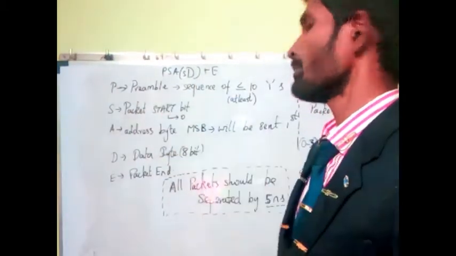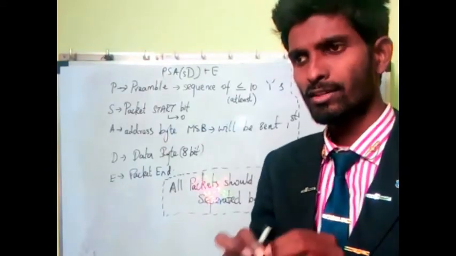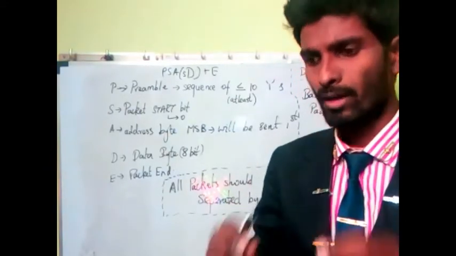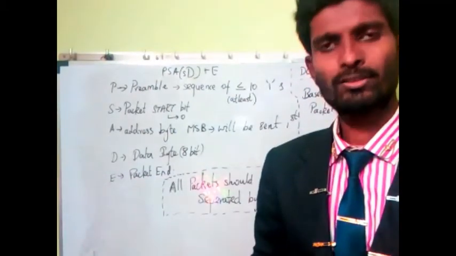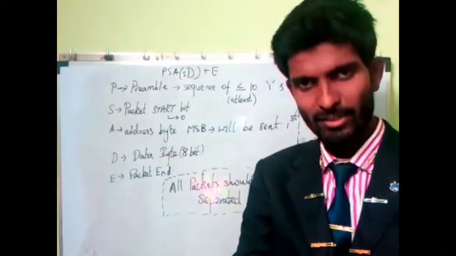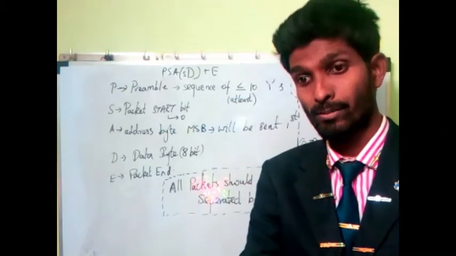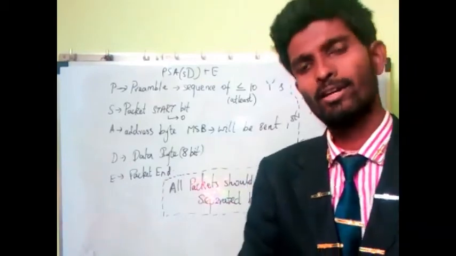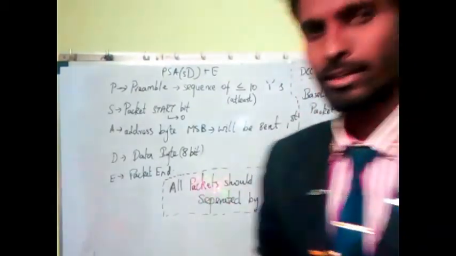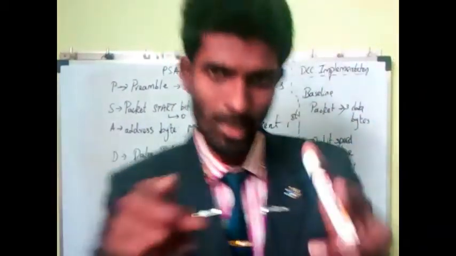What is the preamble? Suppose I start sending information: I give a set of ones and zeros. If it comes, it means some information is ready for transmission from the user, or from the station, or to and from anywhere. So when such information is being carried, I look at the preamble.